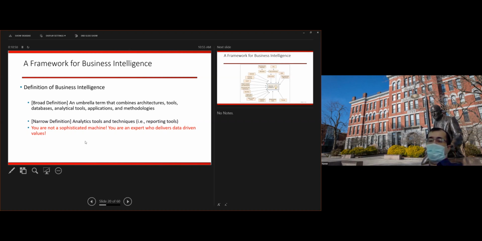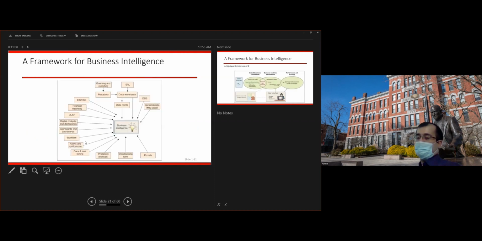Okay, let me read the definition of business intelligence: an umbrella term that combines architecture, tools, databases, analytical tools, applications, and methodologies. So it almost says everything. If I summarize, you use some of your previous knowledge in data management.